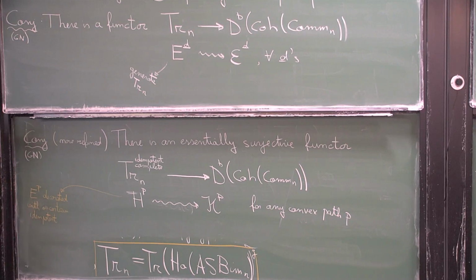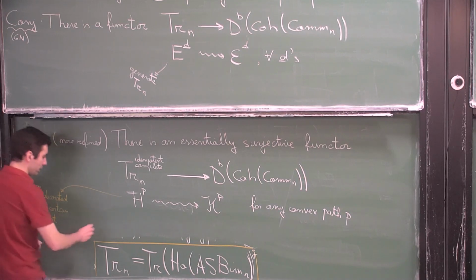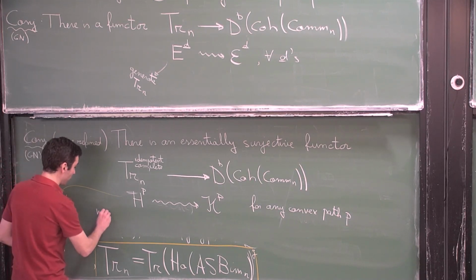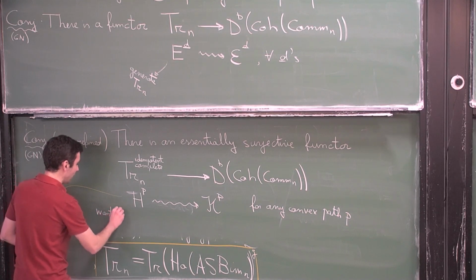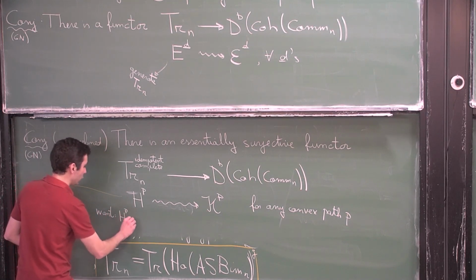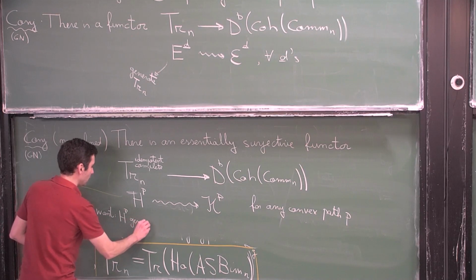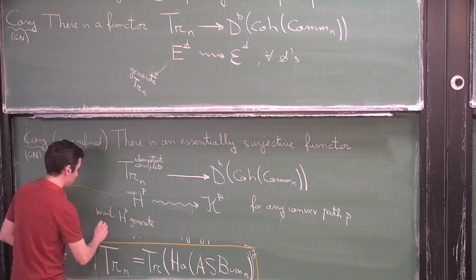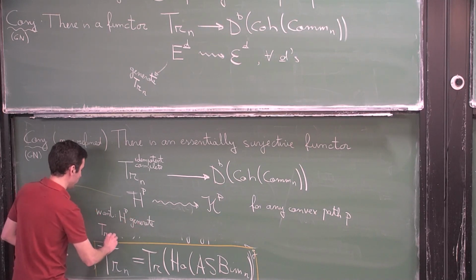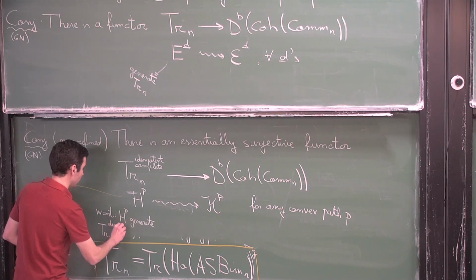But we don't know a lot about these H_Ps. So for example, today over breakfast, we were trying to convince ourselves that the H_P generate Tr n idempotent complete, and we did not convince ourselves of that fact.